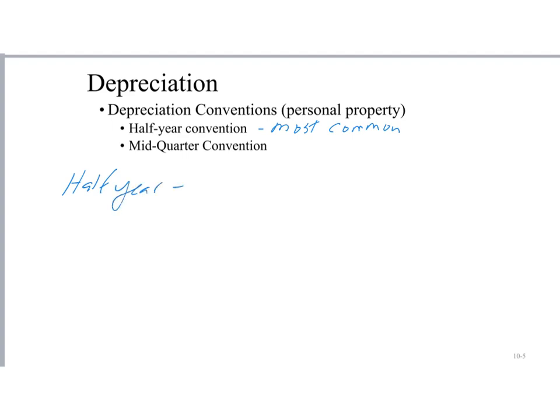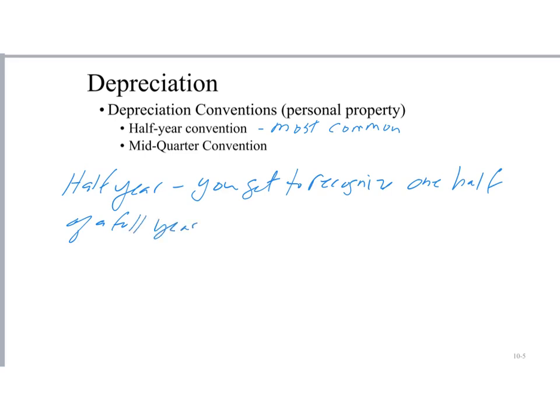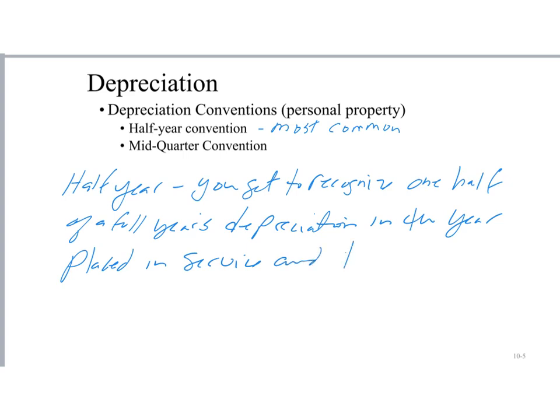So let's talk about half year first, okay? What does the half year convention say? Well, the half year convention says you get to recognize 1/2 of a full year's depreciation in the year placed in service and the year sold.